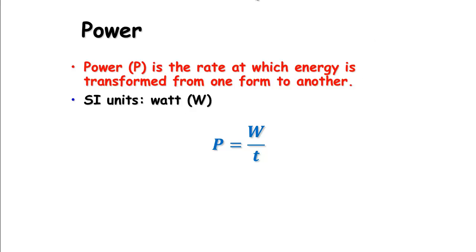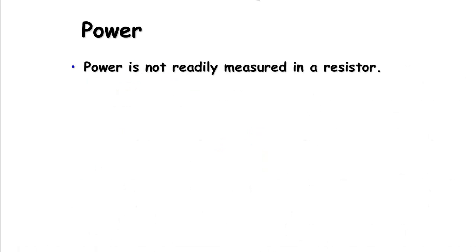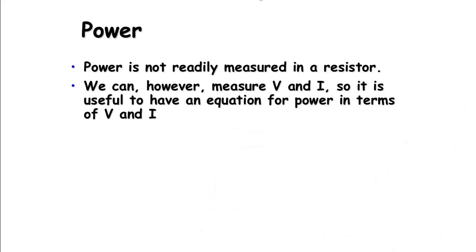Now when it comes to an electric circuit, energy is not something that we can readily measure. We can't just pick up a resistor and say, here's the amount of energy being used in it. What we can measure though is the voltage and the current through and across that resistor.